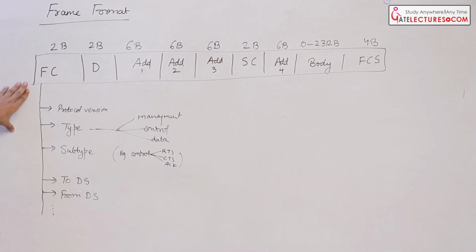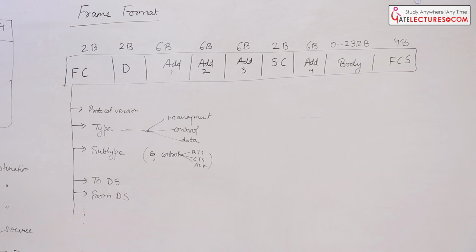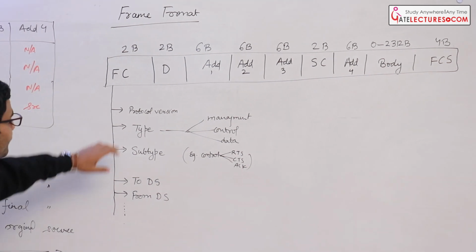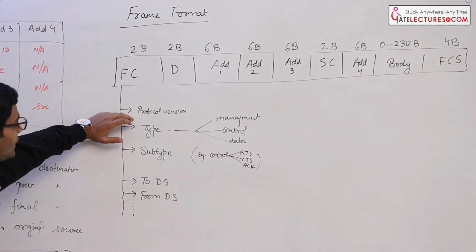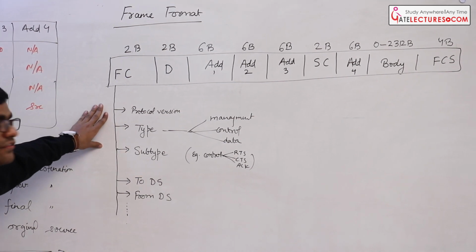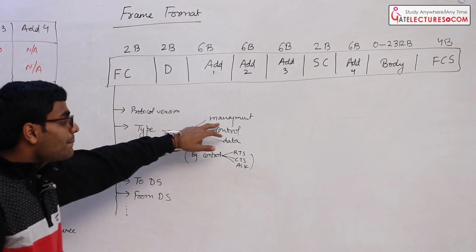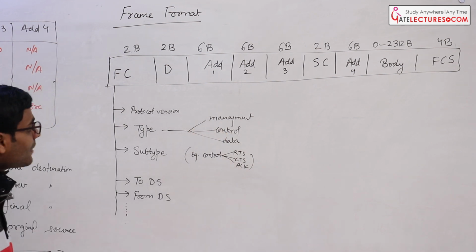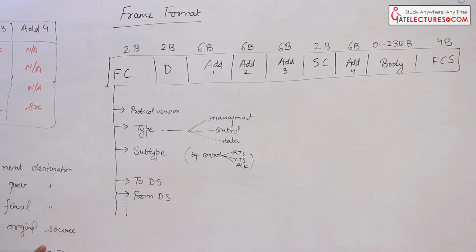So in the frame control, which is 2 bytes, there are various subfields. The first field is protocol version. Then we have type. In Wi-Fi, we have various types of frame. For example, we have the management frame. If you remember, in the starting I told you that if a station enters the network, it has to associate itself with the access point.